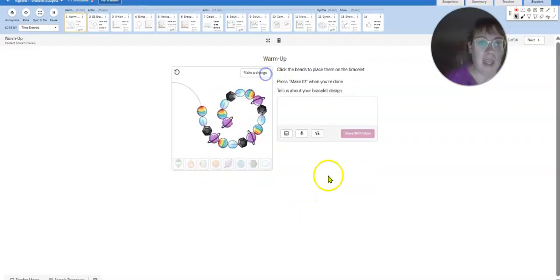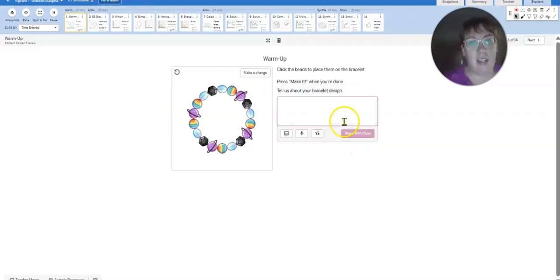When you're done, you'll hit make it. And you can just do a little description about your bracelet design, tell me what you like, how you made it, and then go ahead to slide 2.